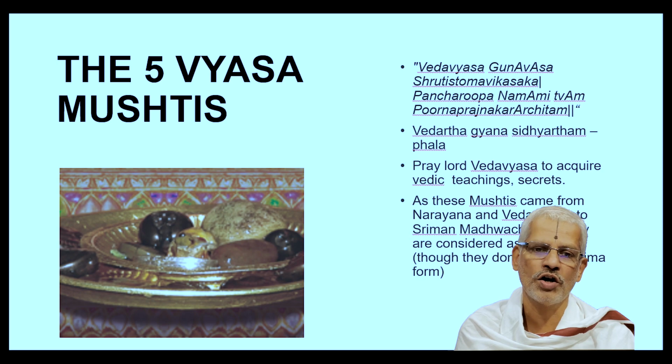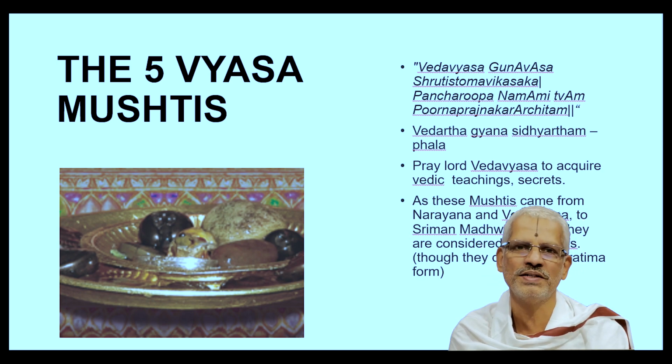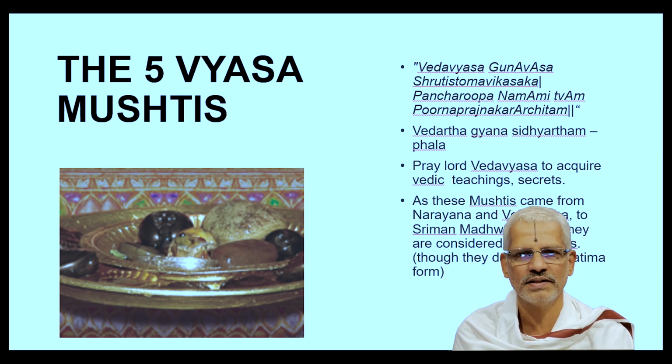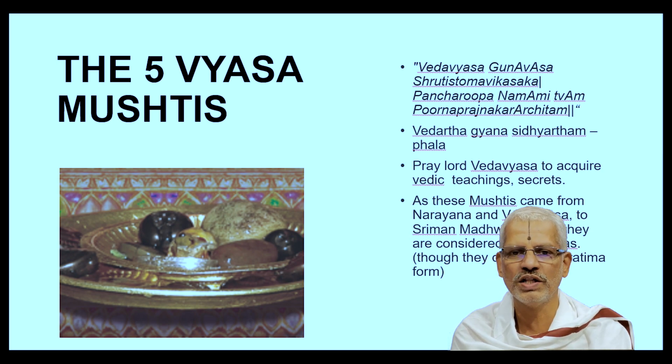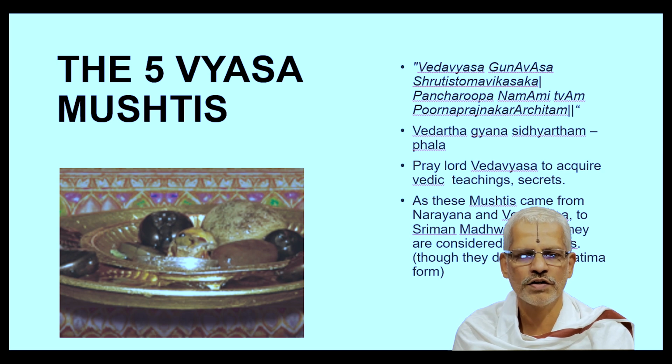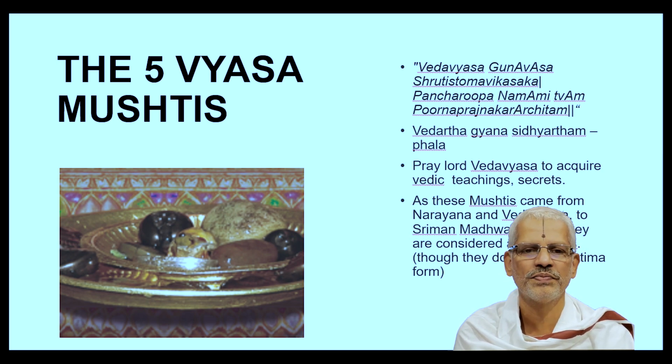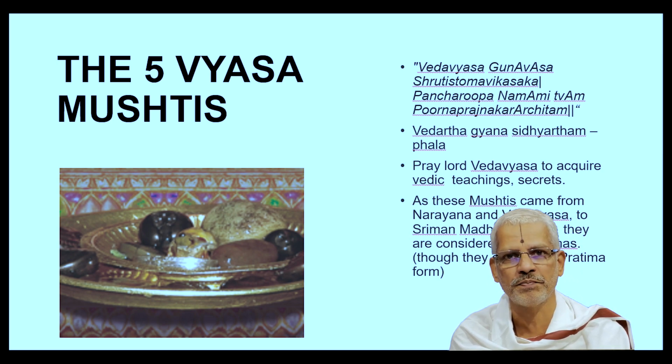And then Lord Vedavyasa came in his swapna and said, the next day when you go to the river bank, you will see a lot of Shila in the shape of a tortoise, Kurma, and the one which, when poured with milk and you do the Abhisheka, will start rotating.